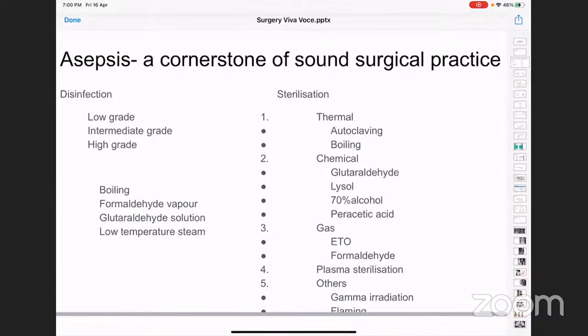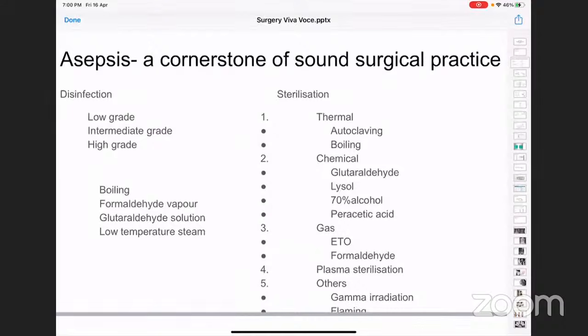Sterilization is a more complete form of asepsis with elimination of even the spores. Disinfection can be low grade or intermediate grade or high grade, and there are different methods to do this. You will not have to know in very great detail about each of these methods, but it is useful to have a broad idea about what asepsis entails, especially in the context of instruments.